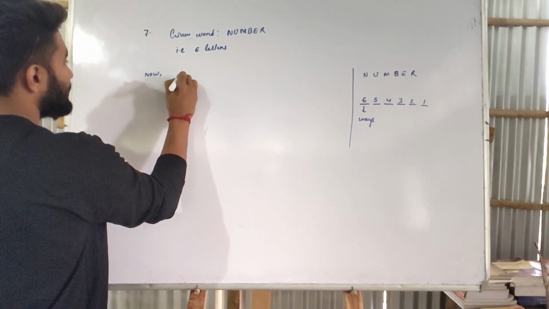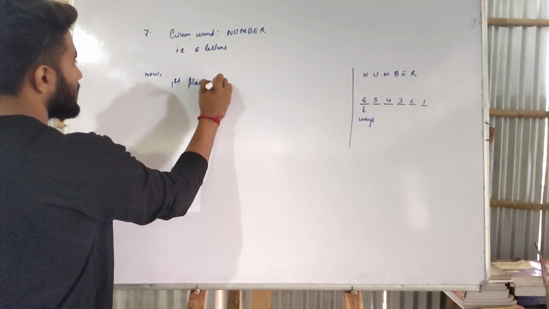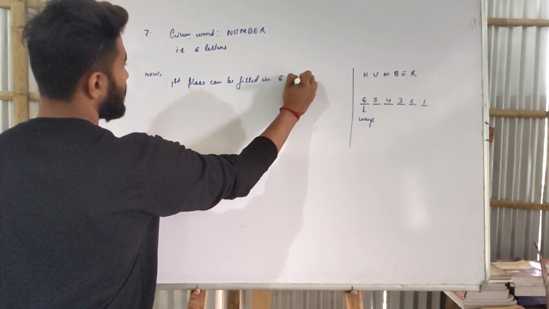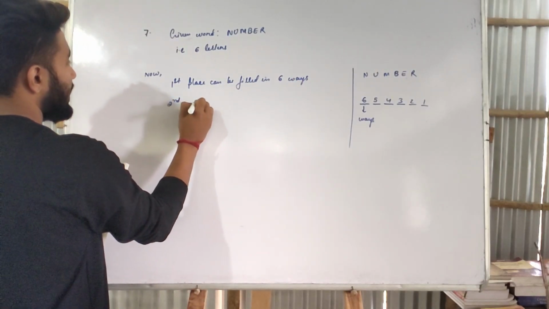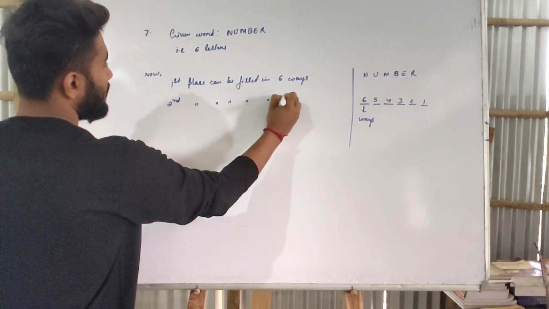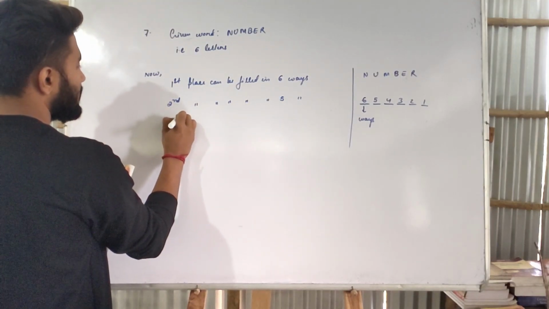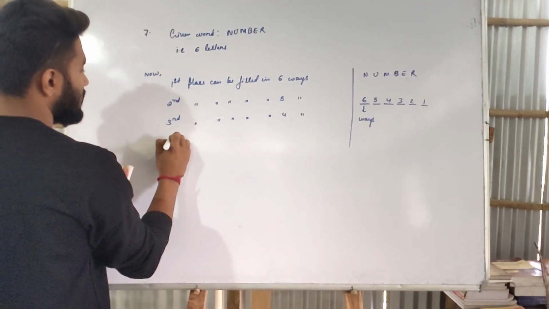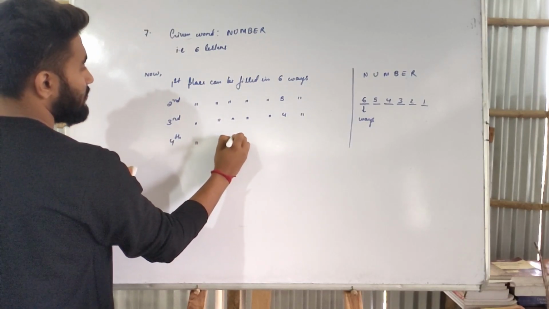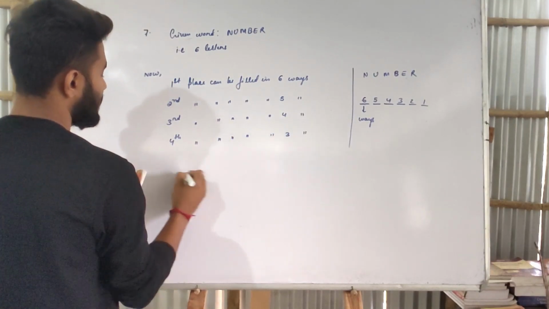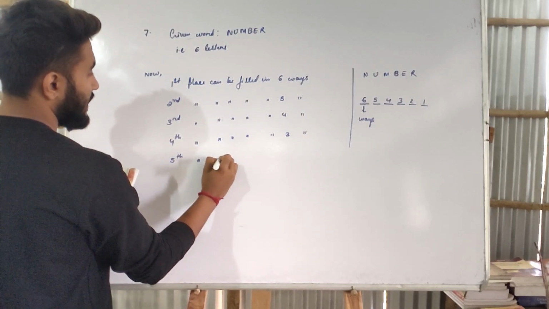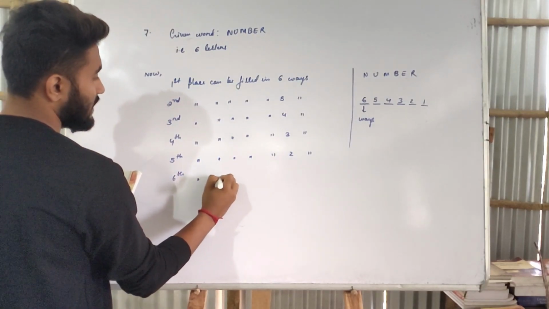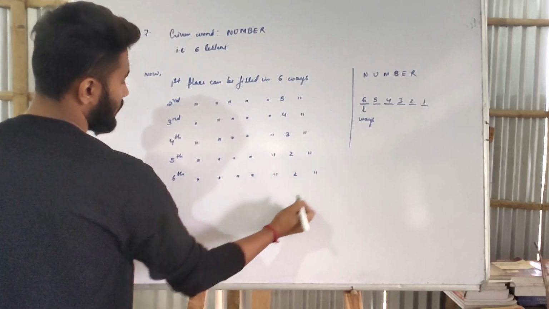First place can be filled in 6 ways, second place can be filled in 5 ways, third place can be filled in 4 ways, fourth place can be filled in 3 ways, fifth place can be filled in 2 ways, and sixth place can be filled in 1 way.